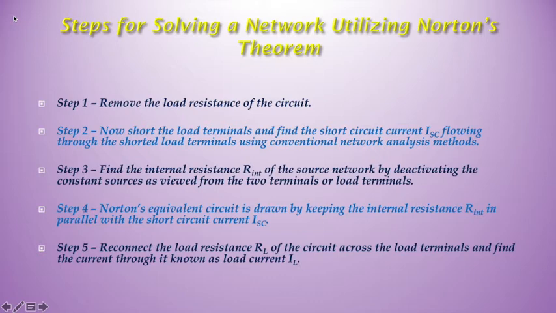Step 3. Find the internal resistance of the source network by deactivating the constant sources as viewed from the two load terminals. This internal resistance is also called Norton's resistance.